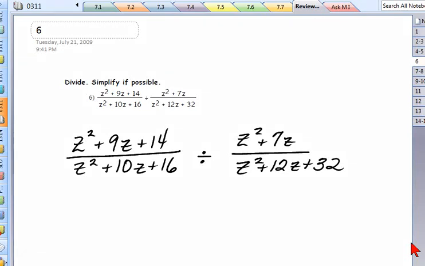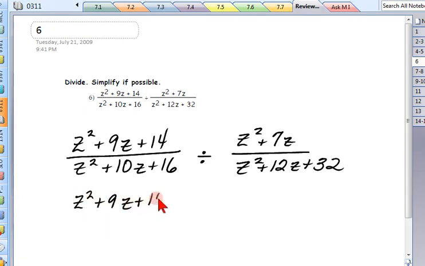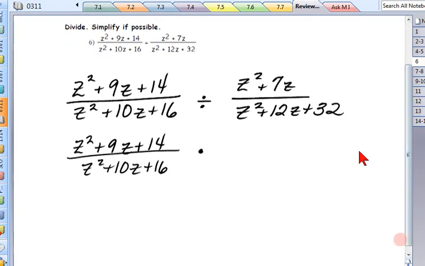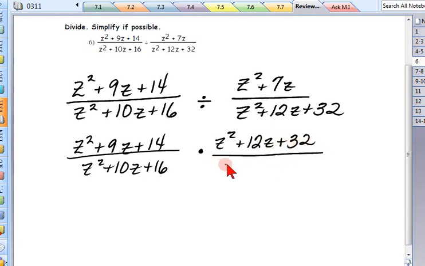And now that I have it all written, I remember what it says about division, which is keep, change, flip. So keep the first fraction, change it to multiplication. Flip the second fraction, and it is (z squared plus 12z plus 32) over (z squared plus 7z).